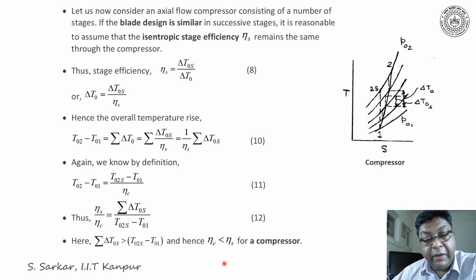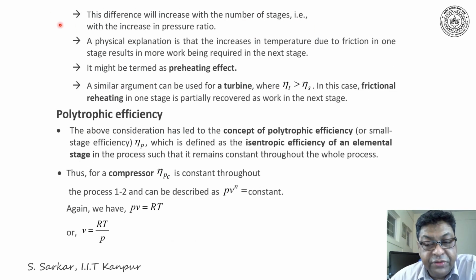Thus, I have concluded that for a compressor, the overall compression efficiency eta C should be less than the isentropic stage efficiency eta S. Further, I would like to say that the difference between eta S and eta C will increase with the number of stages, that is, with the increase in pressure ratio for compressors.